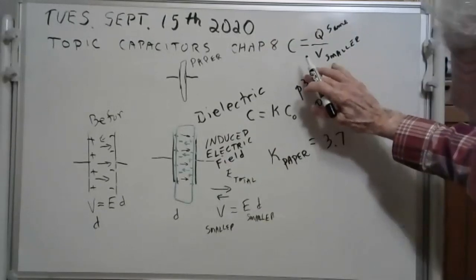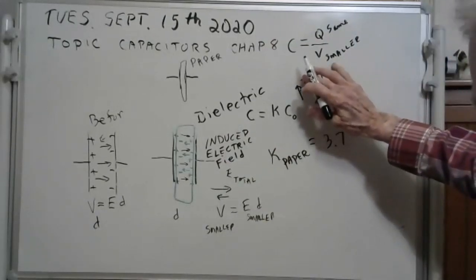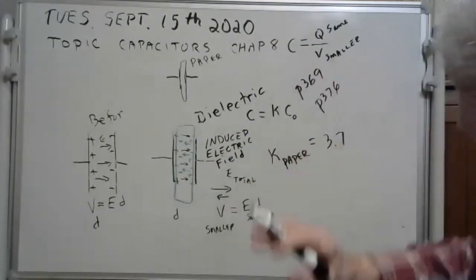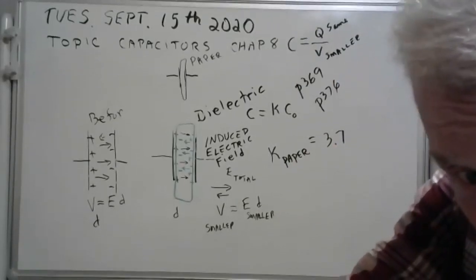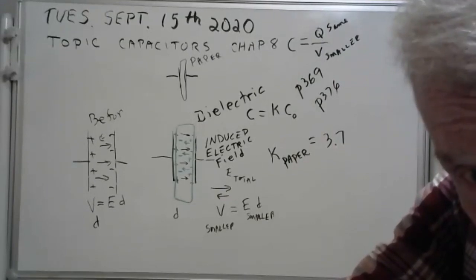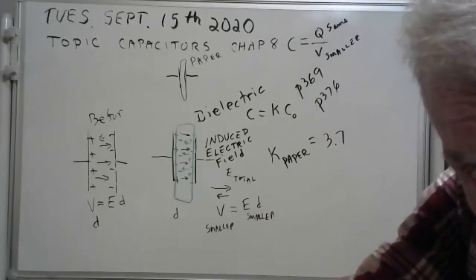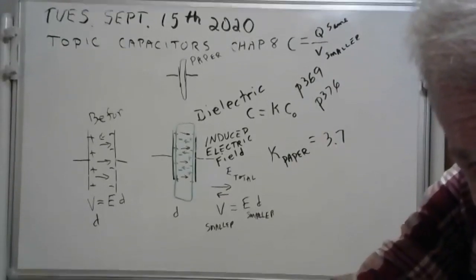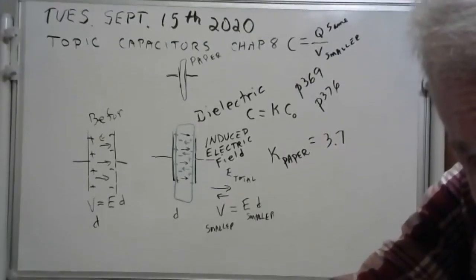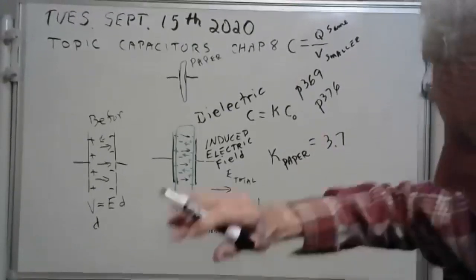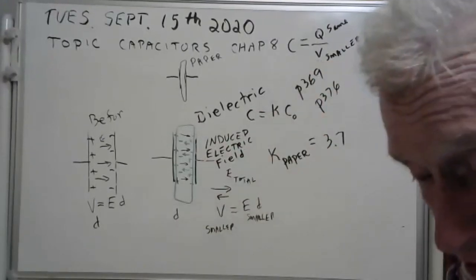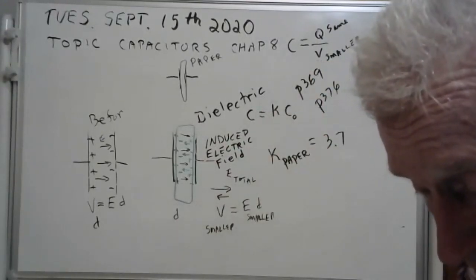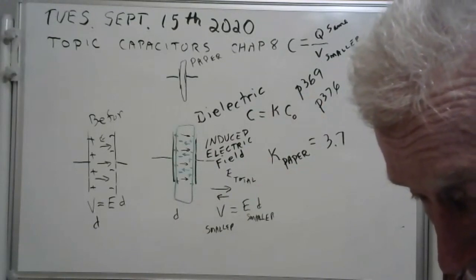Now, what happens in a fraction if you make the denominator smaller? Let me ask one of my students. Nicholas, if you make the denominator smaller in a fraction, what happens to that fraction? The result is larger.